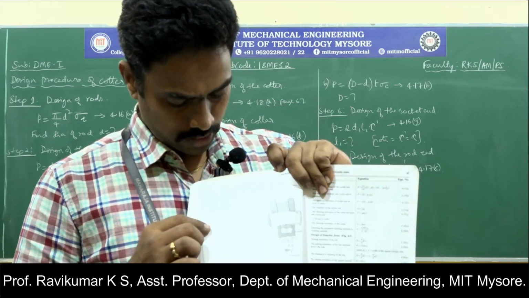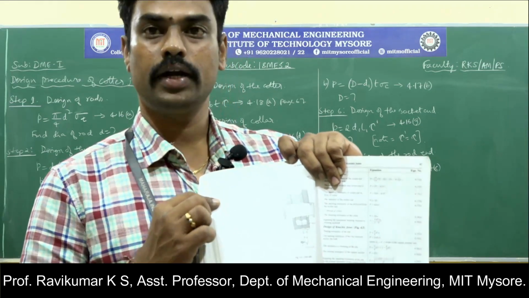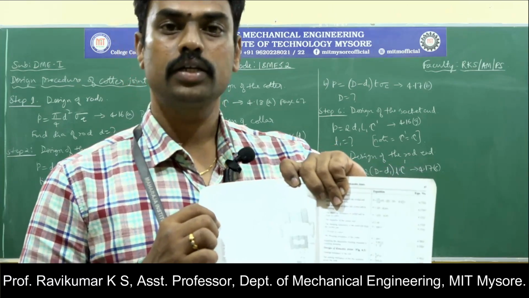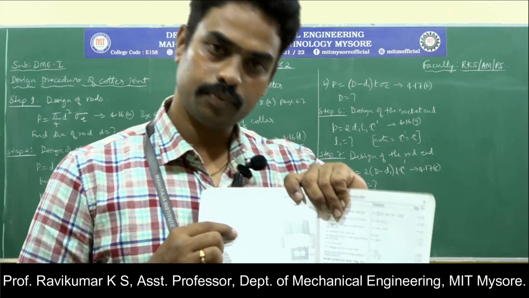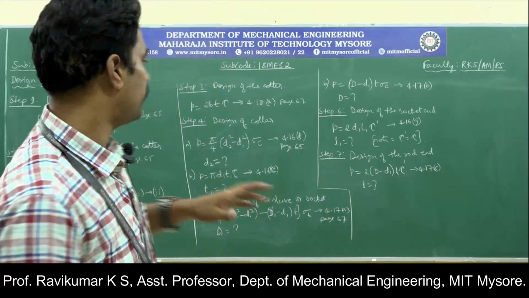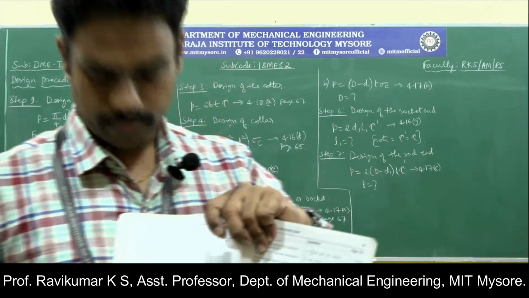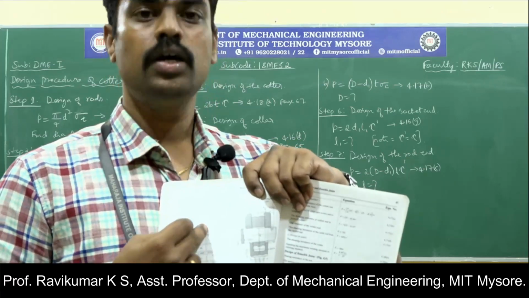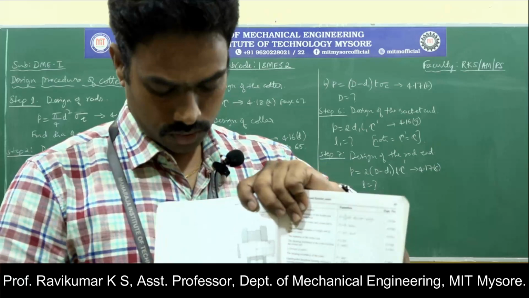In this table, every dimension is given: diameter of the rod end, small d1, thickness of the cotter, small t, width of the cotter, capital B or small b, diameter of the socket, D. Whatever dimensions we calculated using these formulas are written here, and you can also calculate them using the diameter of the rod to be joined between the two rods.